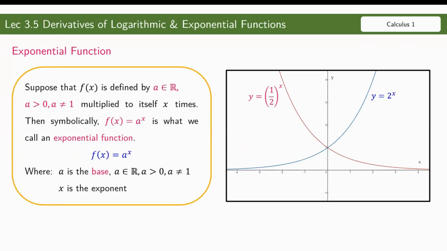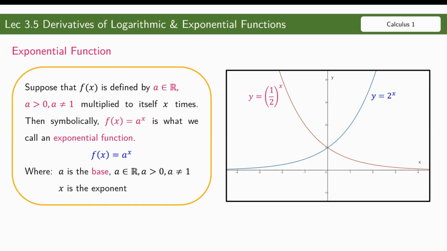Suppose that f of x is defined by a positive real number that is not equal to 1 multiplied to itself x times. Then symbolically, f of x is equal to a raised to x.